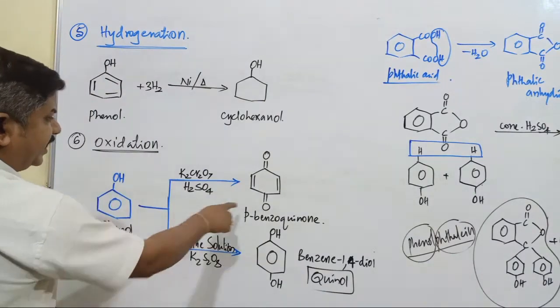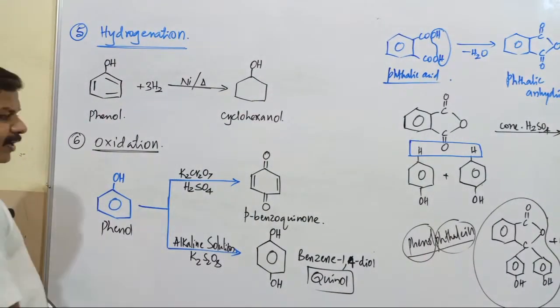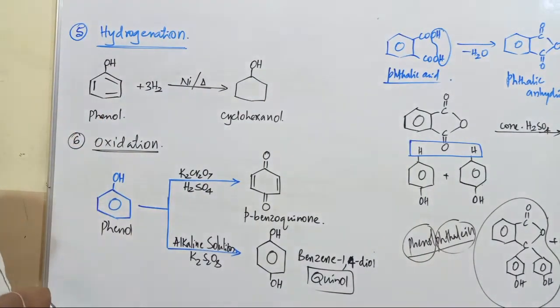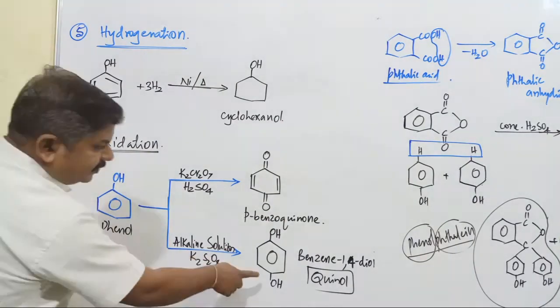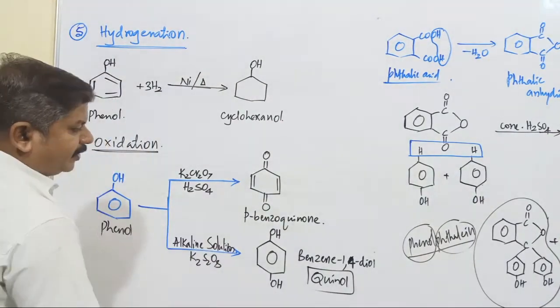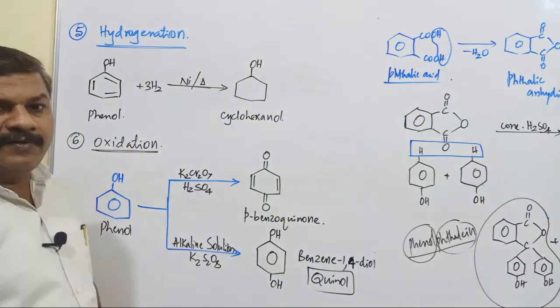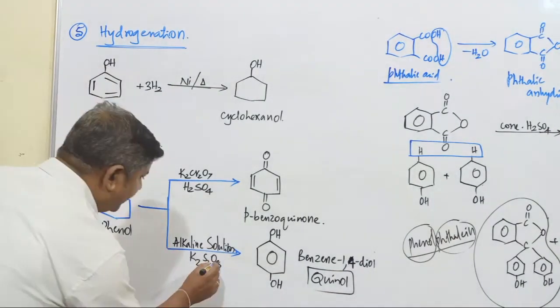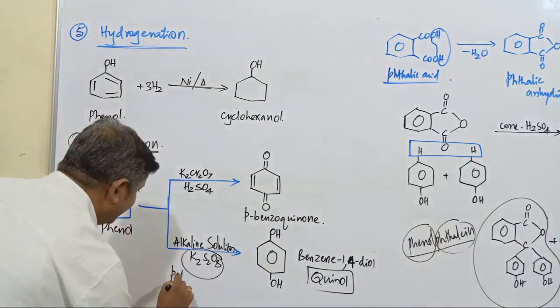So phenol gives rise to this para-benzoquinone in presence of potassium dichromate and H2SO4, whereas the same phenol gives this 1,4 isomer in presence of alkaline solution of what? What is K2S2O8 students? It is potassium persulfate.